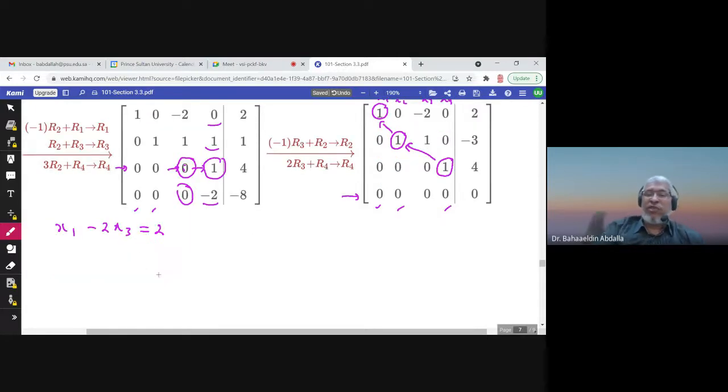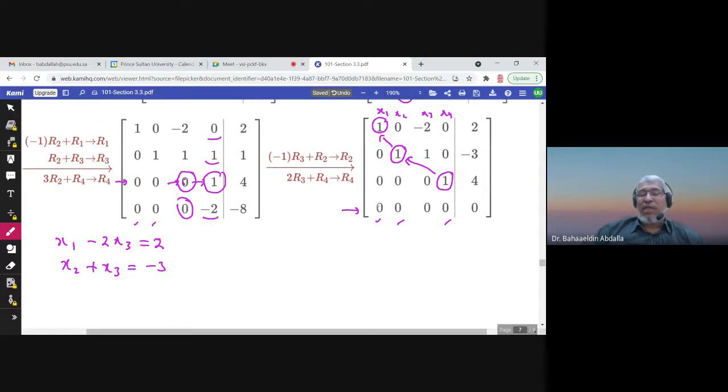This is the first equation. And this one is the coefficient of x2. So I have x2 plus x3 equals negative 3. And the third row will give me x4 equals 4. And the last row will give me 0 equals 0.